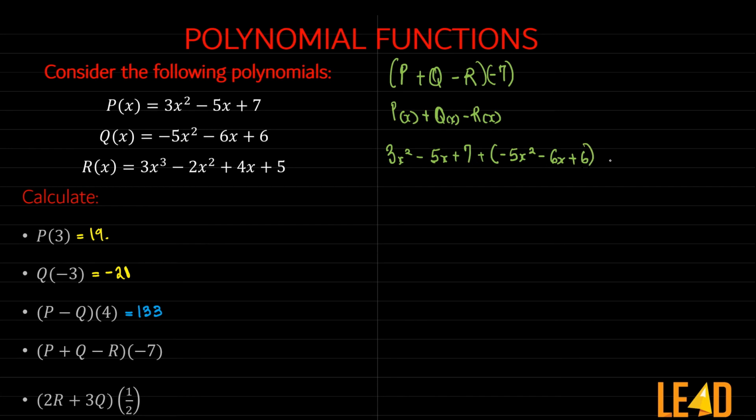Then you would want to subtract 3x cubed minus 2x squared plus 4x plus 5.